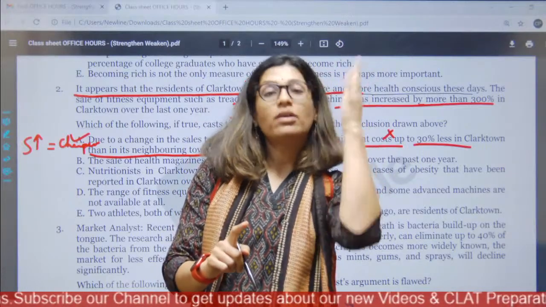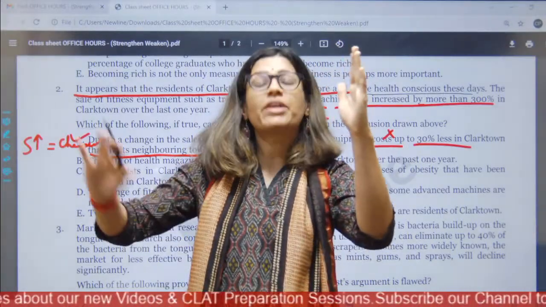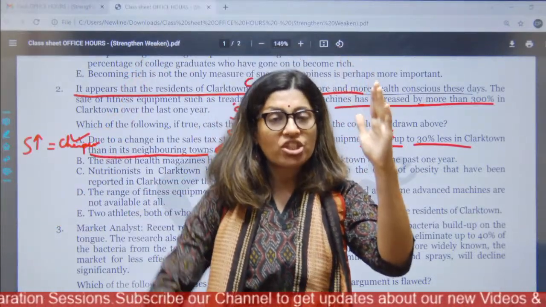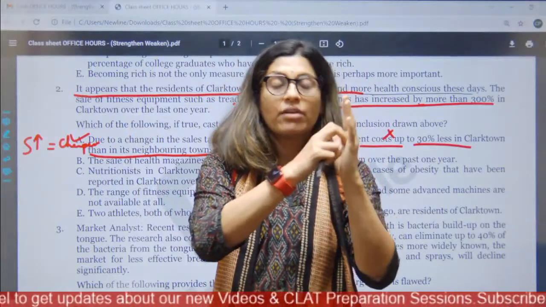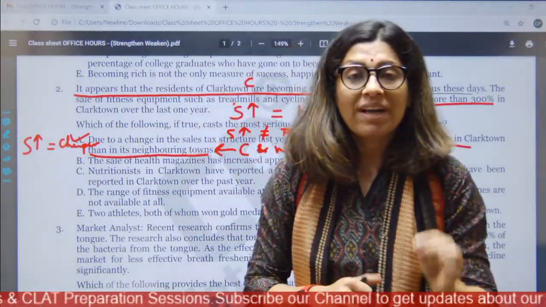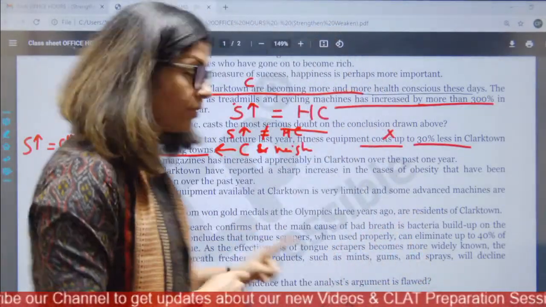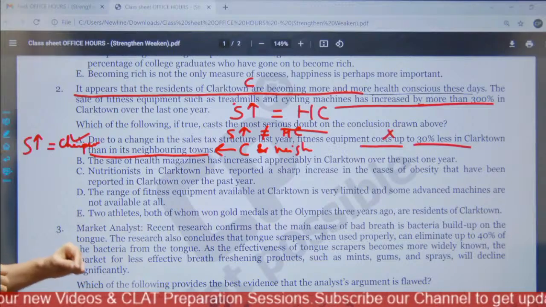The author showed a phenomenon, sales have increased, must be due to this. What have we done? We have challenged it and shown another valid reason as to why these numbers would have gone up. So in turn, we have found an alternative cause. Have you understood this?